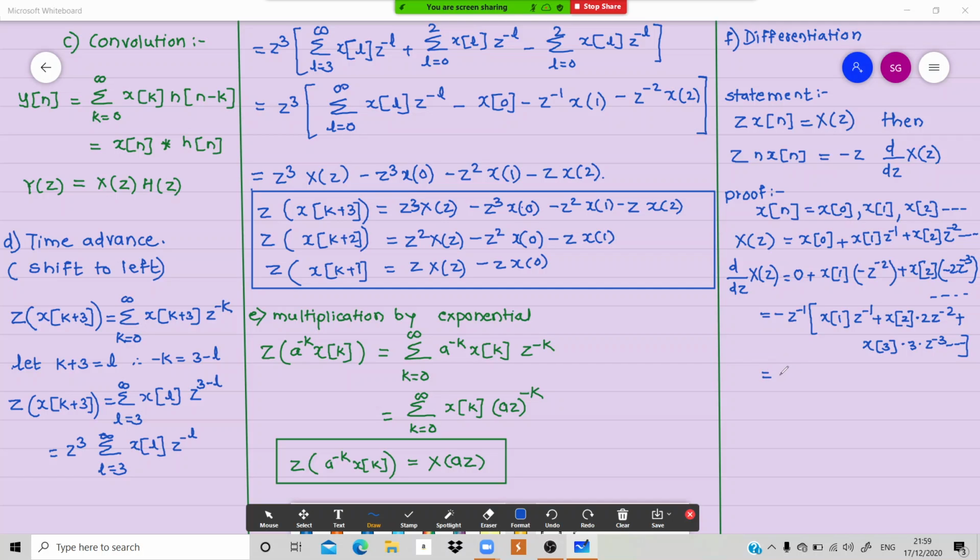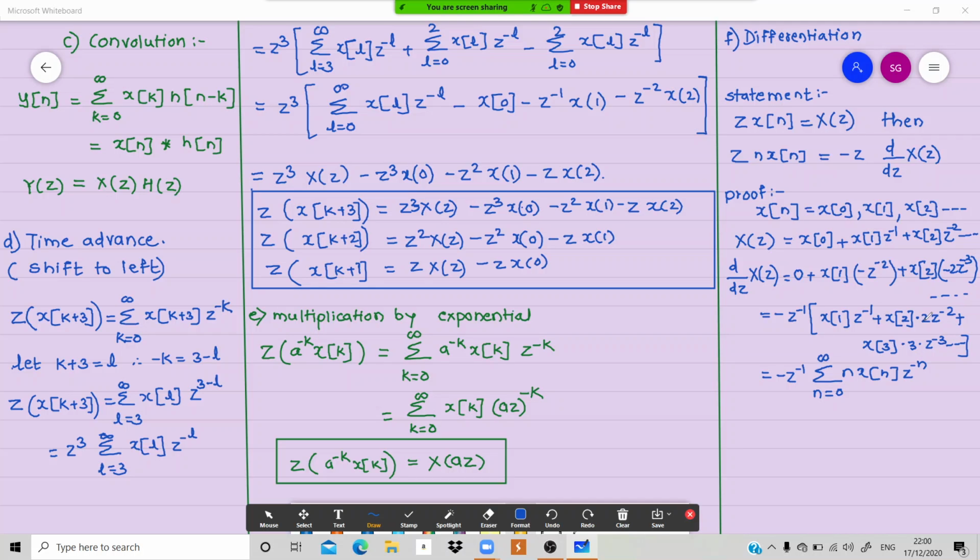So what can I write? Minus z raised to minus 1. Now just observe, this is a series, so definitely I can write it in terms of summation. n going from 0 till infinity, and n, this number, which you cannot see here, x[n] and z raised to minus n.